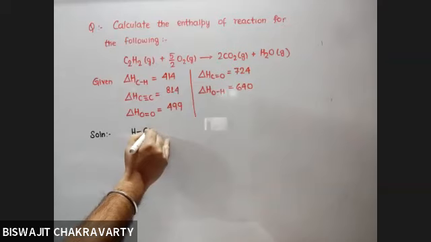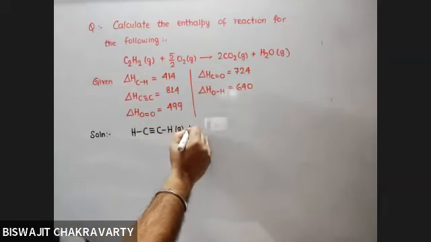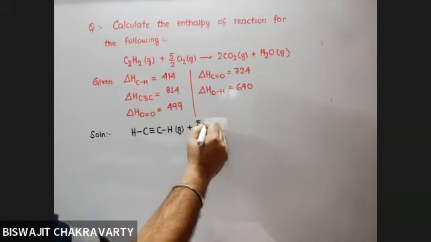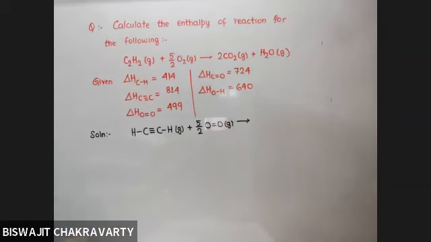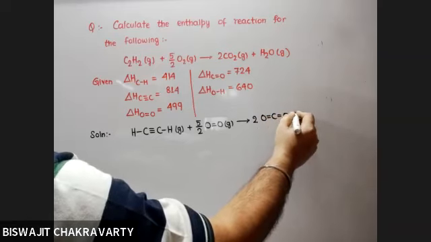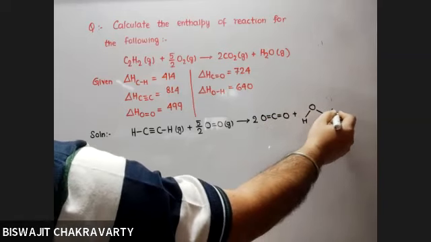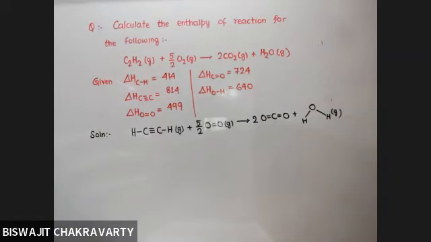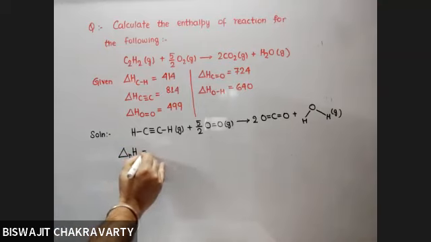So HC triple bond CH, this is ethyne, plus 5/2 O double bond O gives the products. So this much I have done to help. Now you try to calculate the enthalpy of reaction by putting in all the expressions.